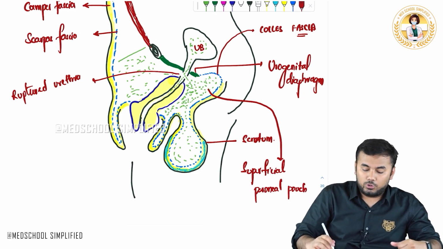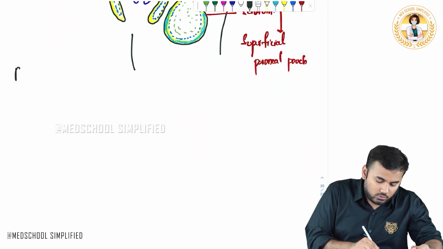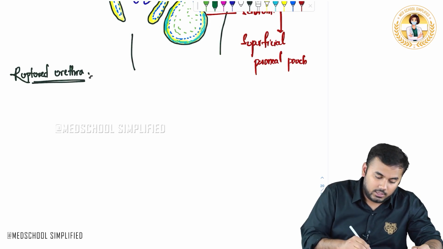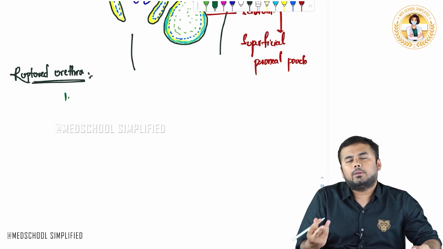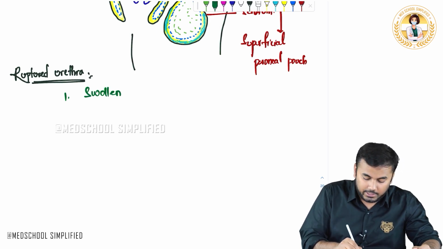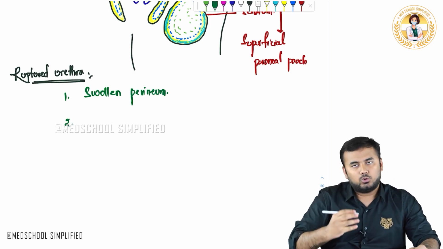Right. So how do you know that the patient is having a ruptured urethra? What are the signs of a ruptured urethra? The first important thing: will the perineum get swollen or not? Yes, there is a swollen perineum. Along with the swollen perineum, will the scrotum get swollen or not?